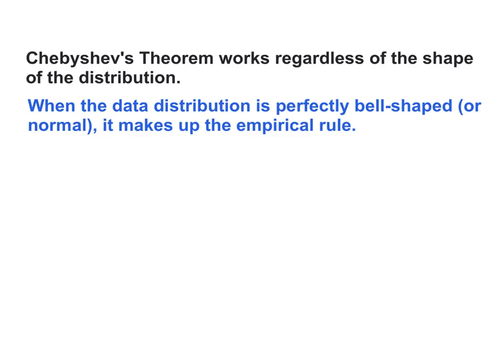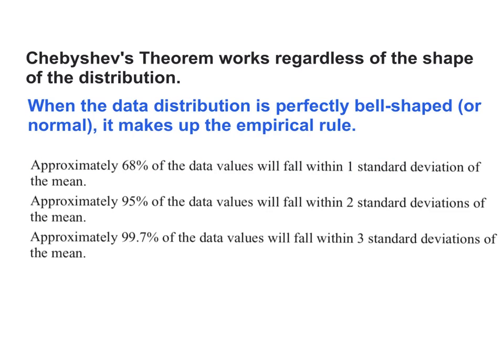When we have that situation, we have a better idea of how much data is within one standard deviation, two standard deviations, and three standard deviations. So the numbers change.